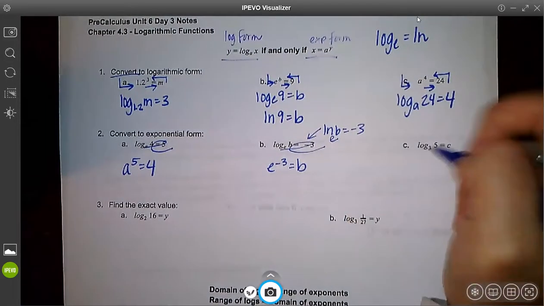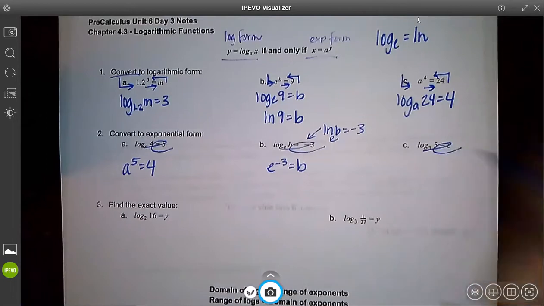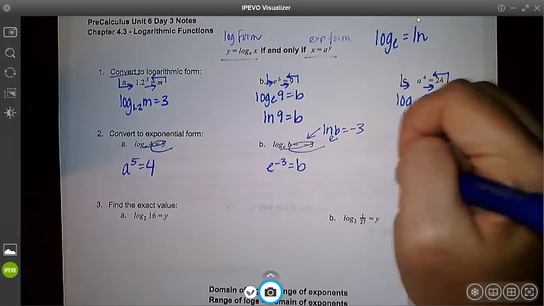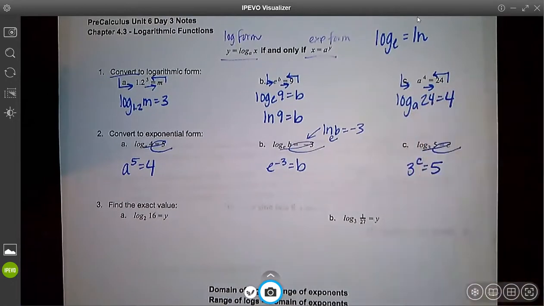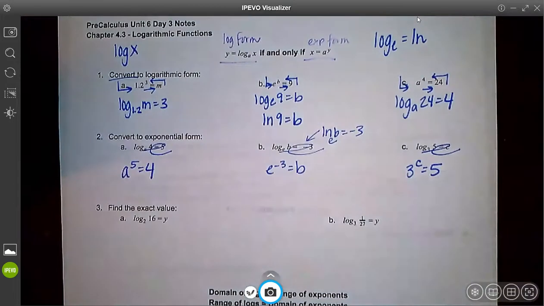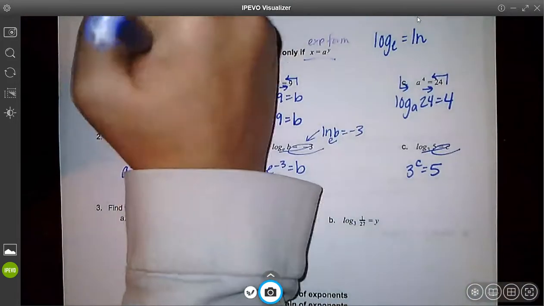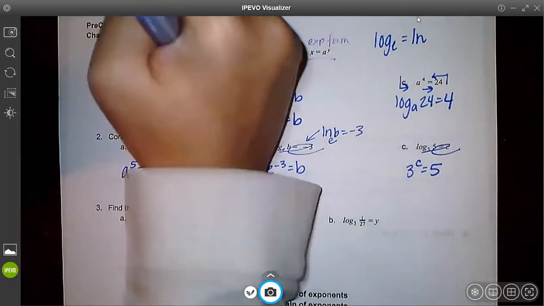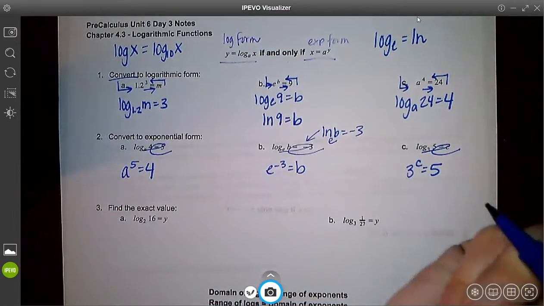Okay, and then here, 3 to the c power equals 4. We also need to know that the common log, if it doesn't have a base, is called the common log, and it's an understood base of 10. That's what the log button in your calculator does.